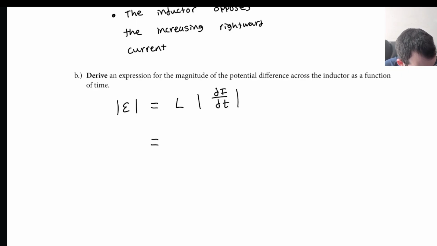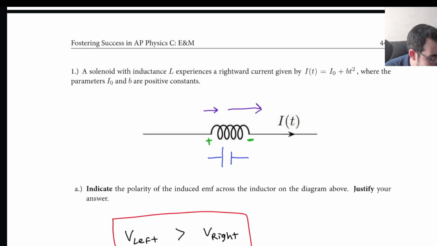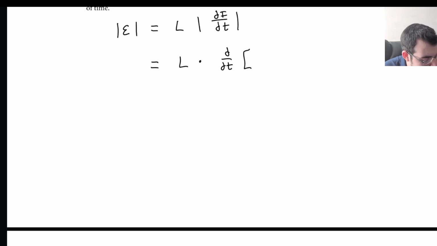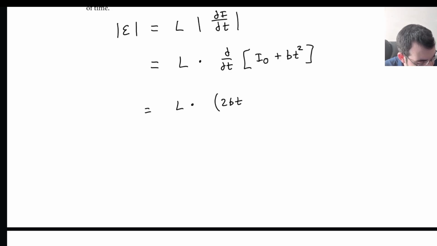So our current function was defined to be I0 plus Bt squared. So we just take a derivative and we get L times 2Bt.